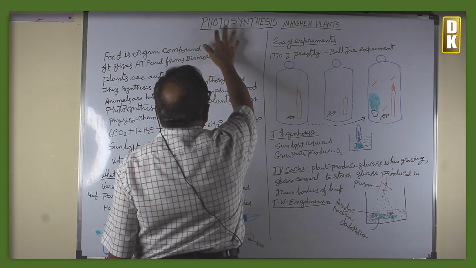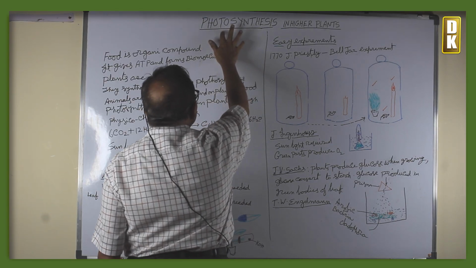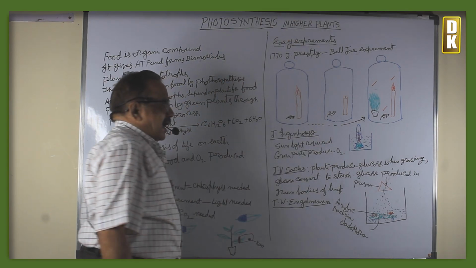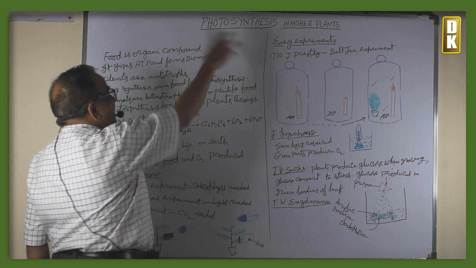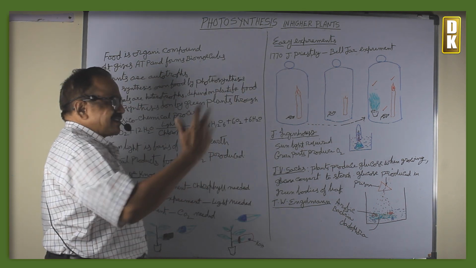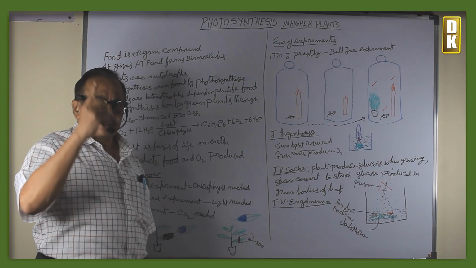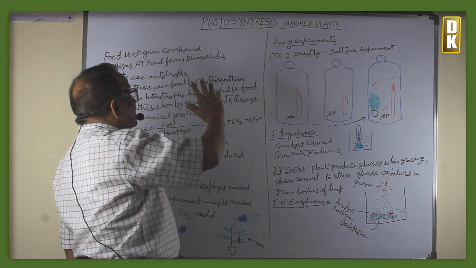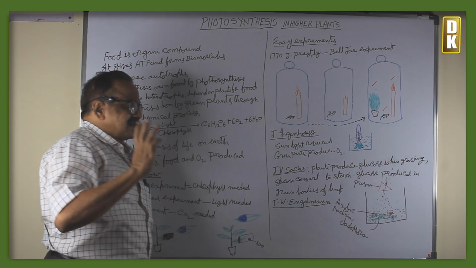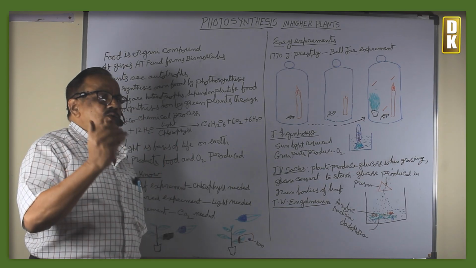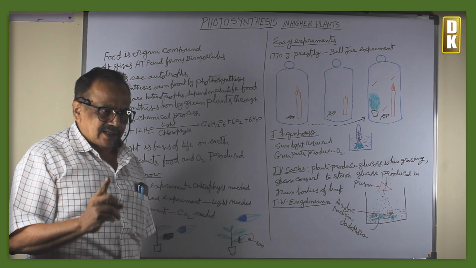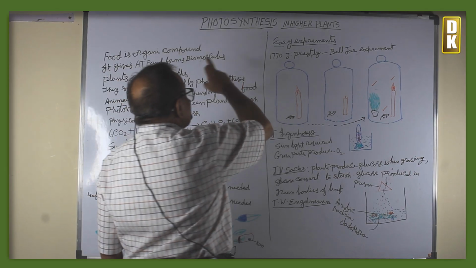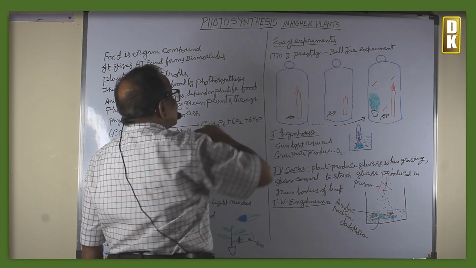Photo means light; it is called photo because it consists of photons. And the light is synthesizing, that is, synthesizing the food material. So photosynthesis means light energy is used for the synthesis of food material, and that process is called photosynthesis.